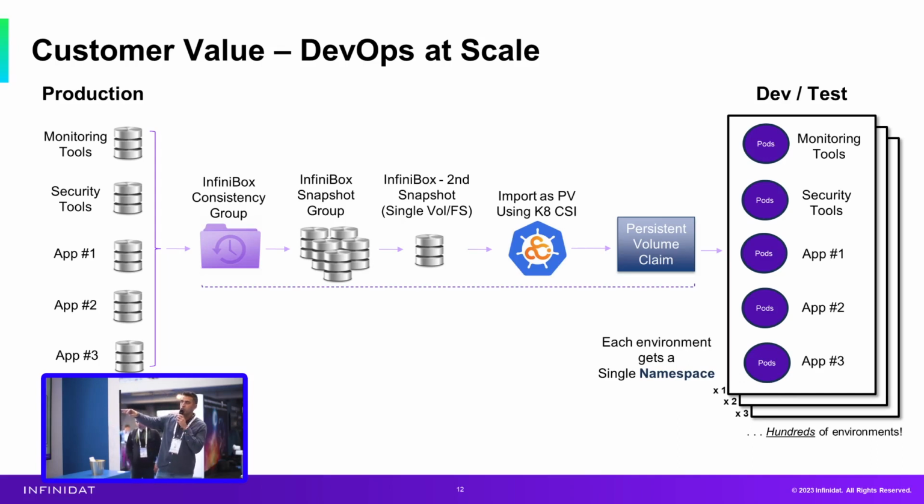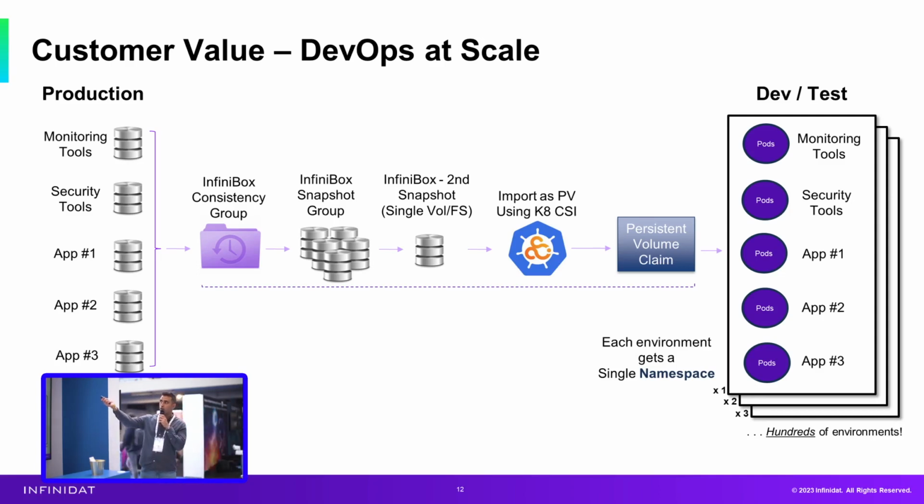So what they do is take a consistency group, take a snap, and with our CSI driver, they can import the traditional volume and convert it to a persistent volume, and then they can create hundreds of environments on the same InfiniBox. So with a single box, you can run traditional volumes and also test and dev and even production Kubernetes applications.